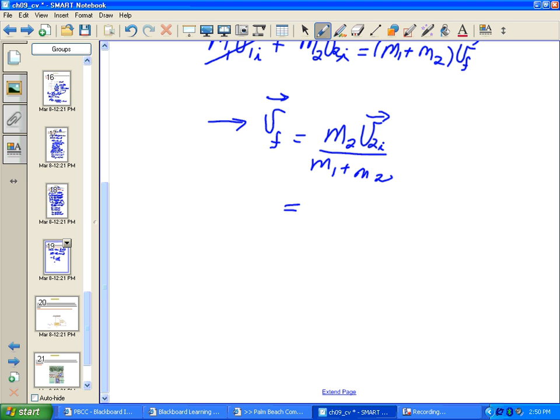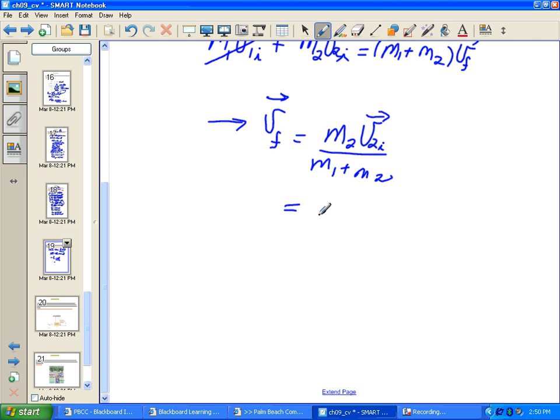And when we plug in our numbers, m2 is 1,800 kilograms times v2 initial, which is 20 meters per second in the i-hat direction. And that is divided by 2,700 kilograms, I should say, which is the combined masses.